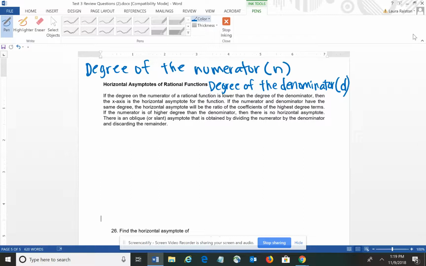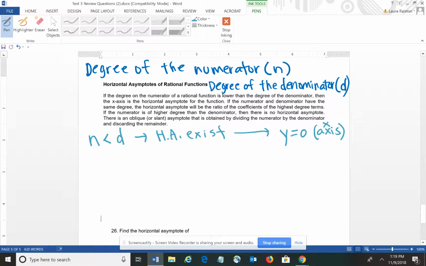And so when you look at the relationship between those degrees, one of three things is going to happen. Either the degree of the numerator is less than the degree of the denominator. If that's the case, there is a horizontal asymptote, and that horizontal asymptote is your x-axis, or the equation y equals 0.